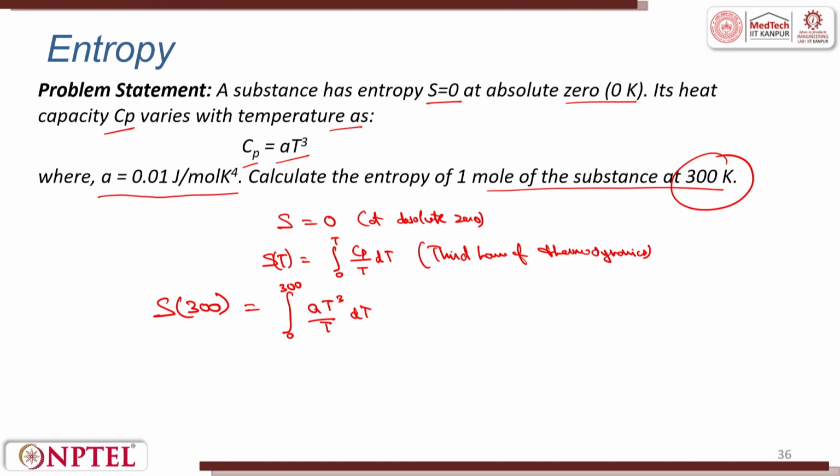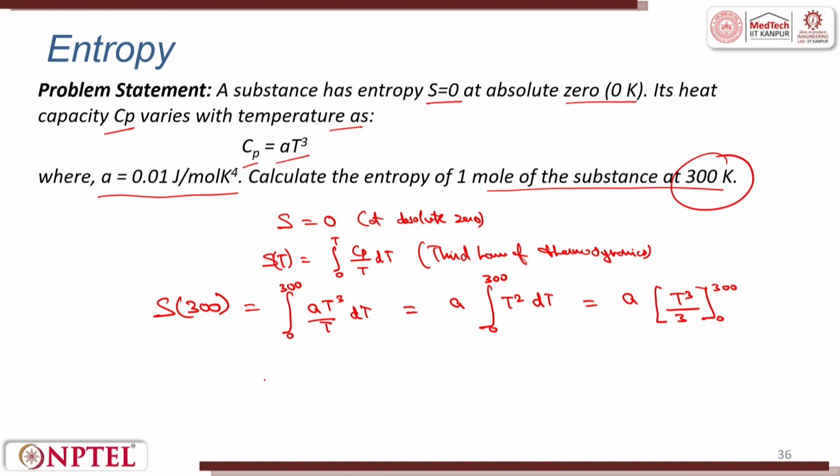This is equal to A, a constant that comes outside, times the integral from 0 to 300 of T square dT. This gives me the integral solved here as T power 3 by 3 from 0 to 300. Let me take this difference. Because the initial value is 0 here, anything minus 0 would come.